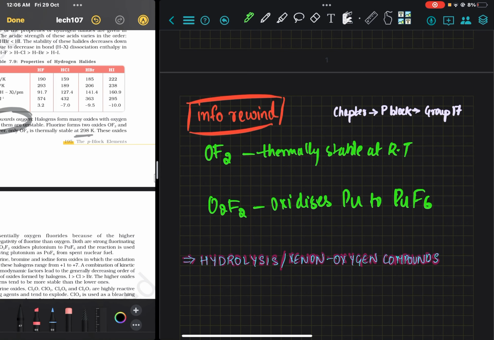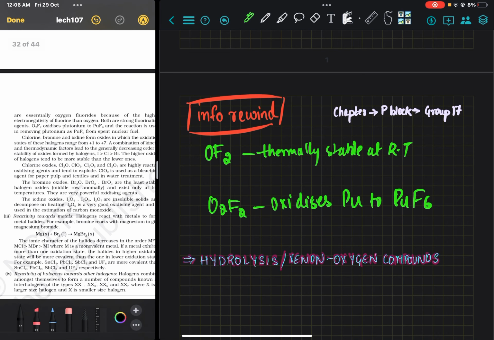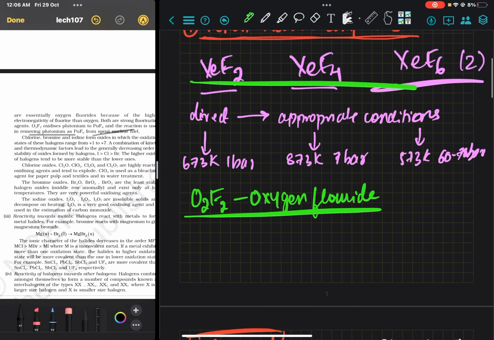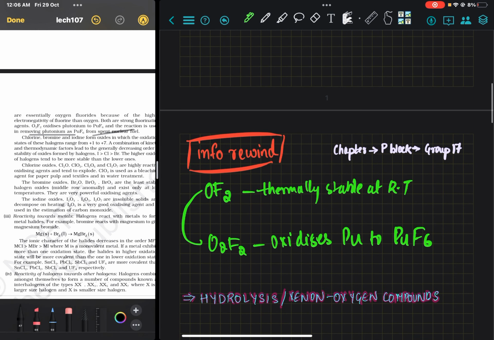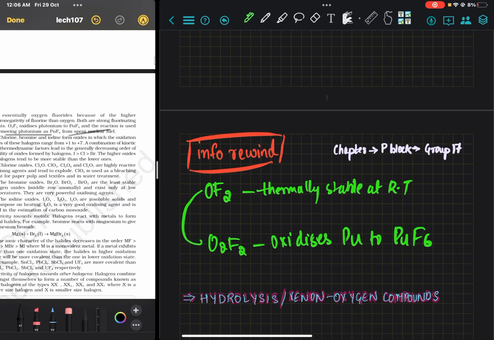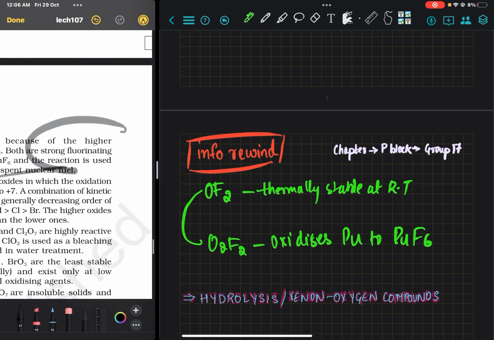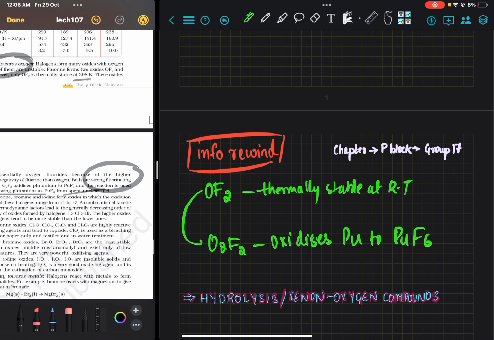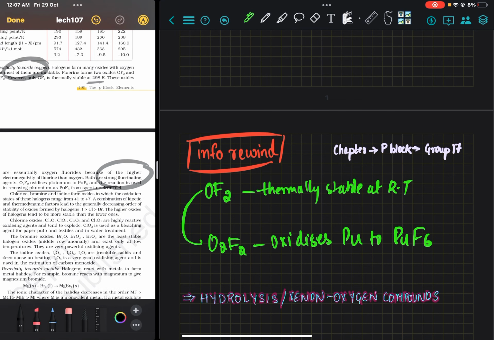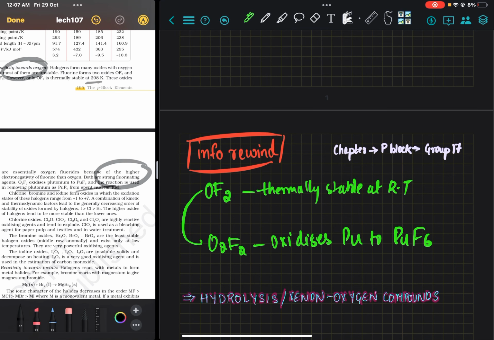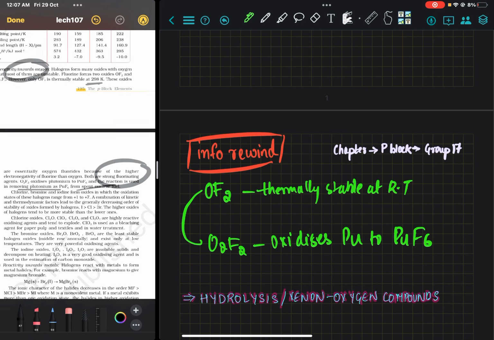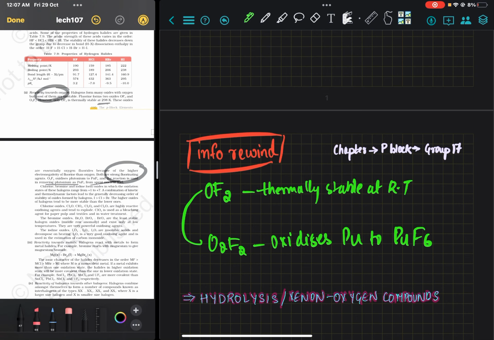That's why it removes plutonium as PuF6 from spent nuclear fuel. That's how it is used. Similar to the other three fluorides, even these two are strong fluorinating agents, which is mentioned here. And that's all that is mentioned in reactivity towards oxygen involving fluorine. So that's what I wanted to quickly revise.